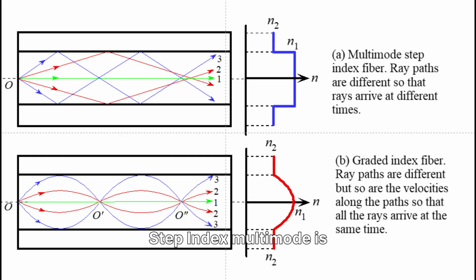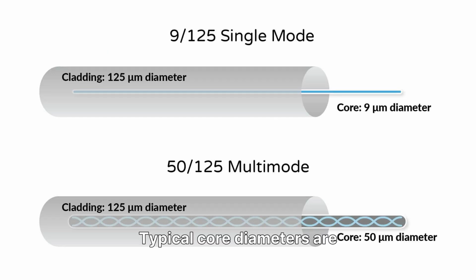Step index multimode is for short links and single mode for long-haul telecom. Graded index is primarily used in LANs, high-speed networks, and modern optical systems. Typical core diameters are 50 to 200 micrometers for step index multimode, 8 to 10 micrometers for single mode, and 50 to 100 micrometers for graded index multimode.